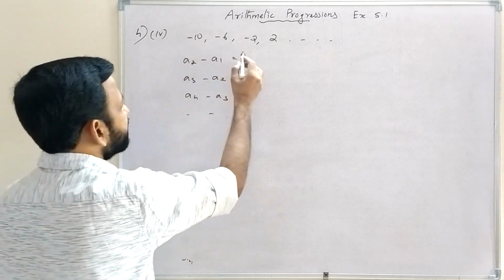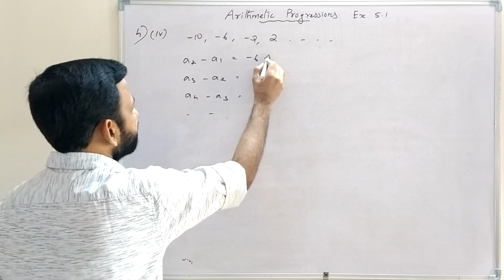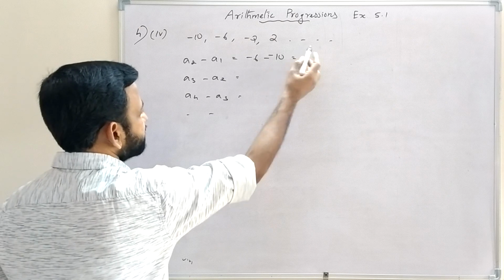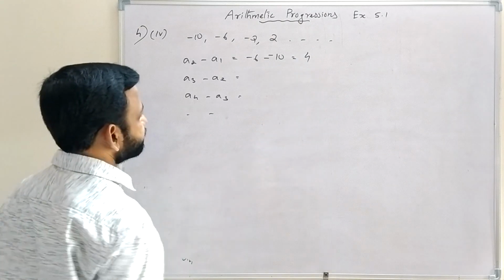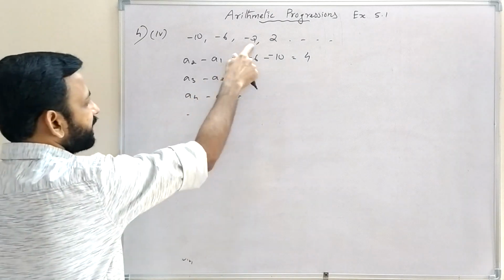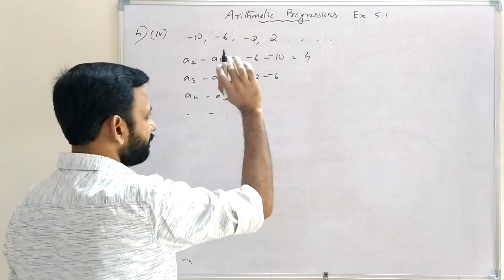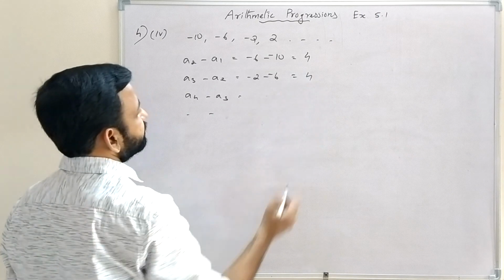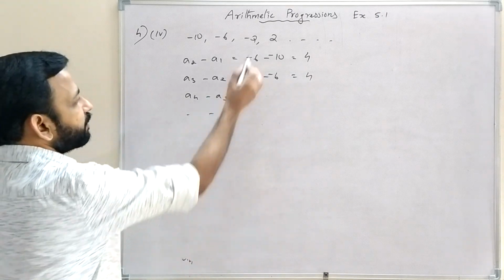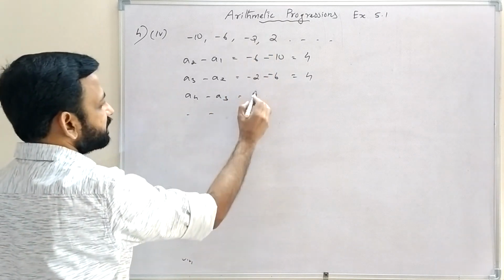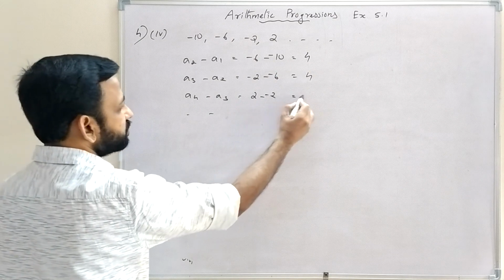A2 minus A1: minus 6 minus minus 10, that is minus 6 plus 10, that is 4. Then A3 minus A2, that is minus 2 minus minus 6, that is minus 2 plus 6, that is also 4. Then A4 minus A3, that is 2 minus minus 2, that is 2 plus 2, that is 4.